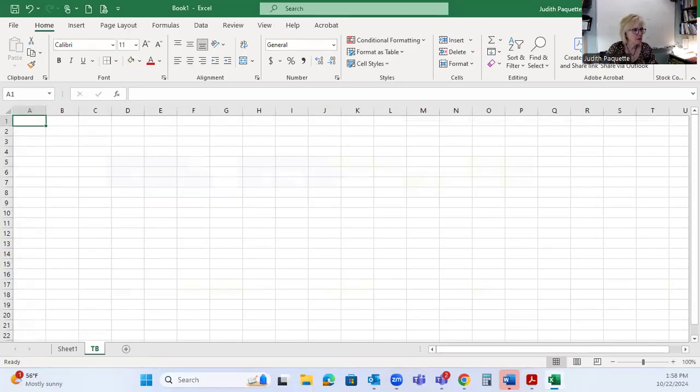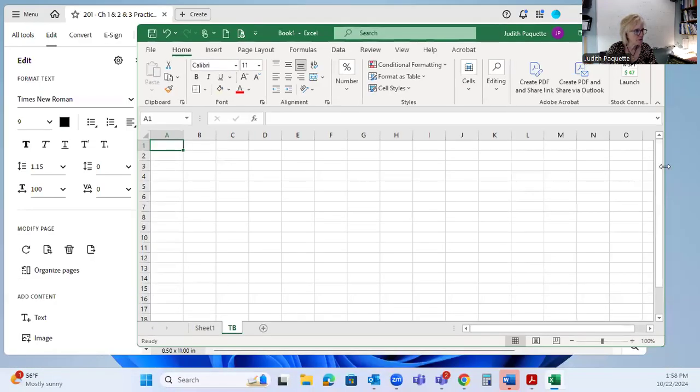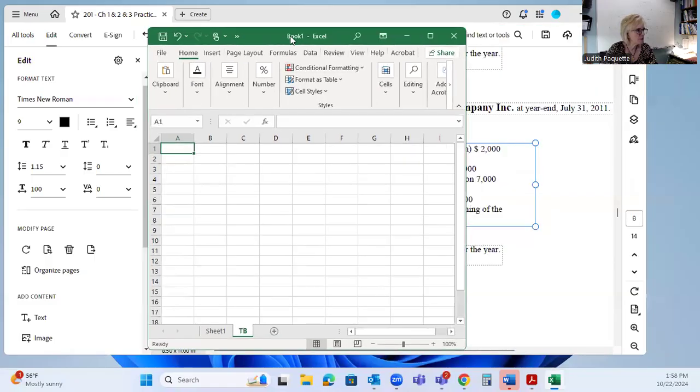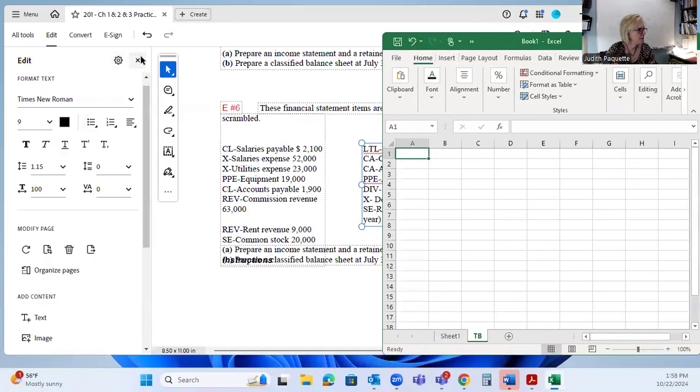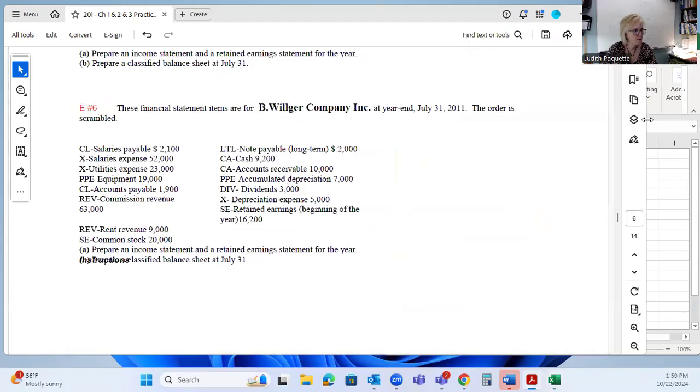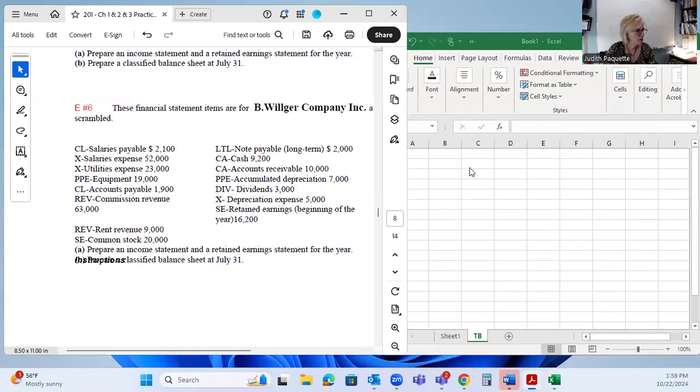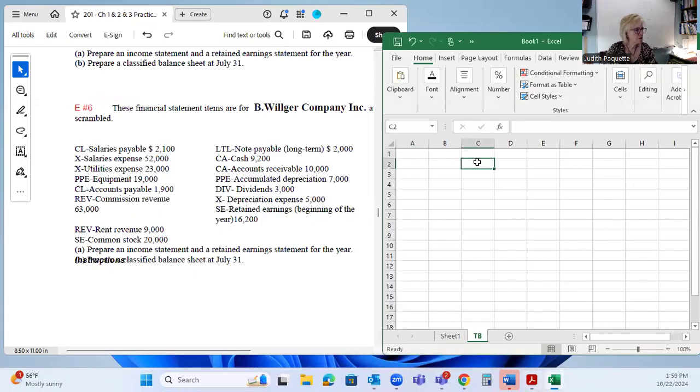And we'll make it smaller. You set up a trial balance just like you would any other statement. So we'll say company name, trial balance.